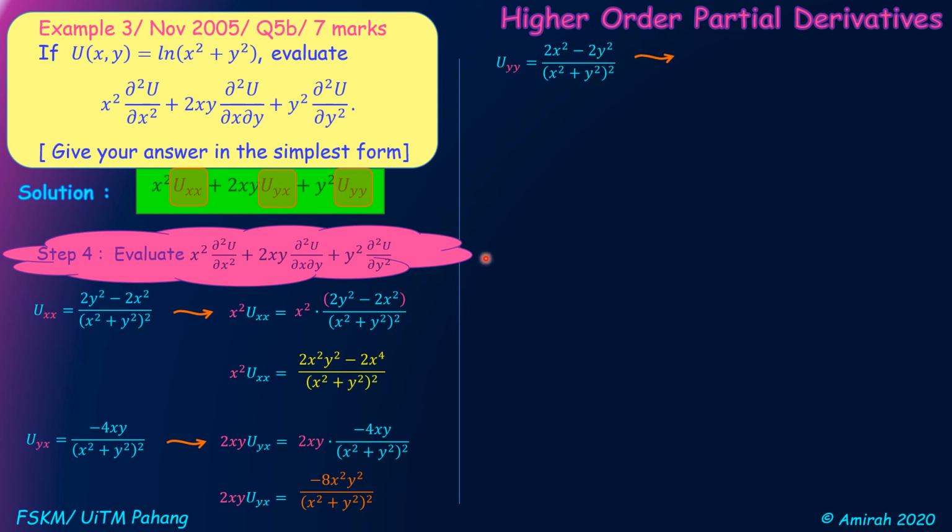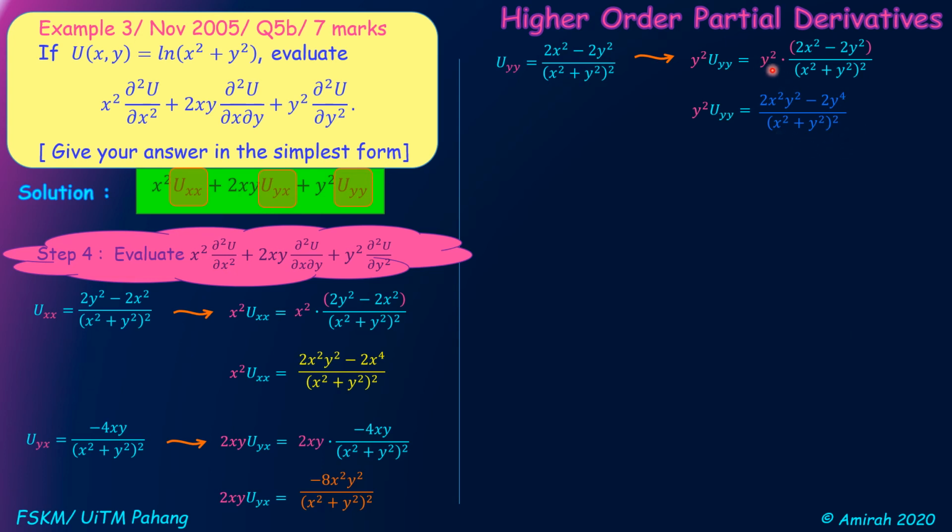And then we find y squared uyy. We have uyy here and then we multiply by y squared. After we multiply, we get (2x squared y squared minus 2y to the power of 4) over (x squared plus y squared) squared.